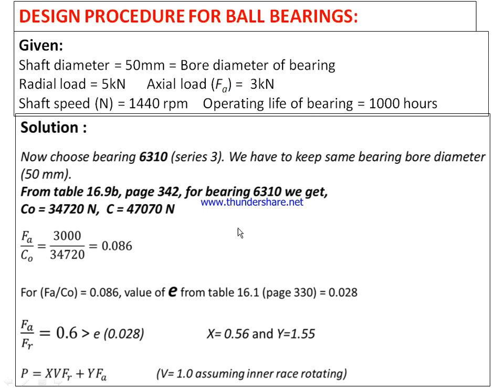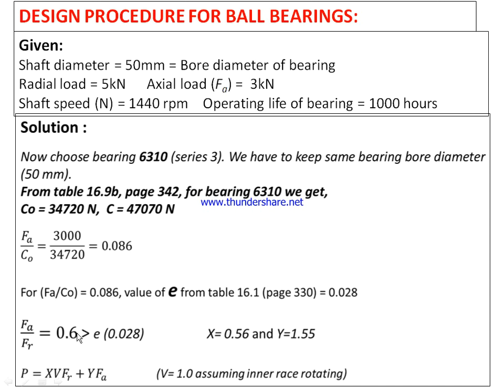Number is 6310. Again referring to the tables, we get the value of C naught, static capacity, as 34,720 Newton. Again using this value calculate the ratio of FA by C naught, which is 0.86, and for this value of FA by C naught get the value of E from the tables, which is 0.28, and FA by FR is 0.6.